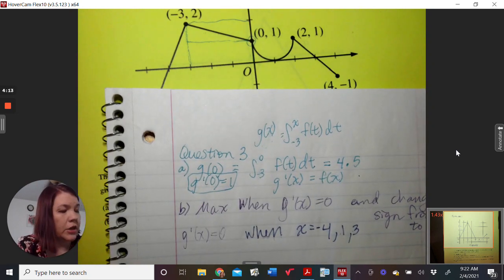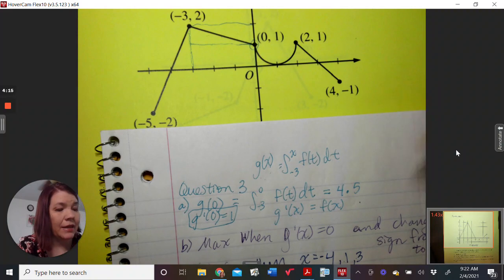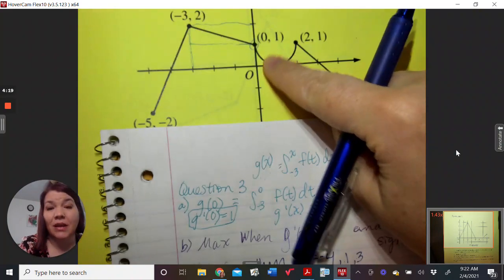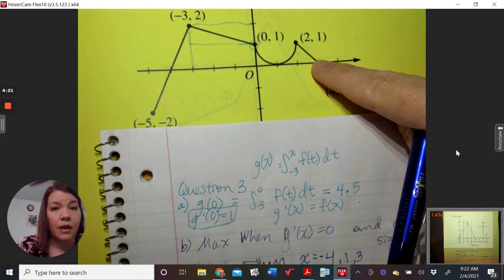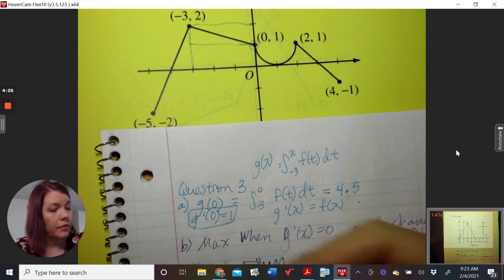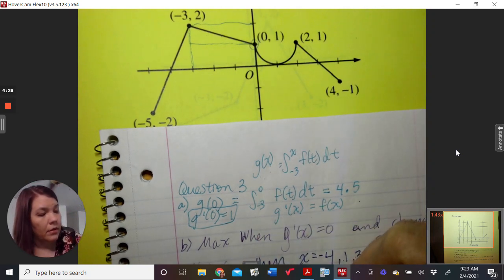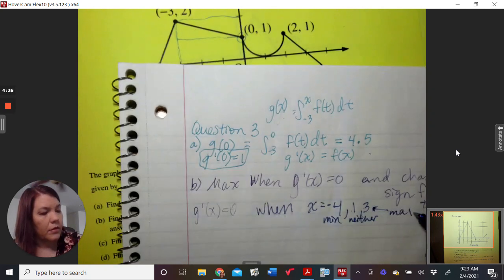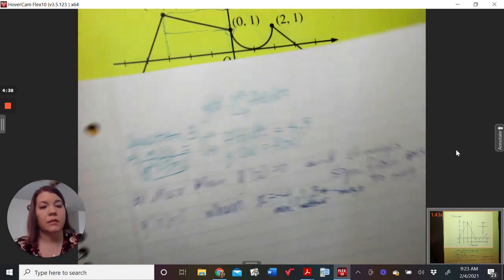It changes sign from positive to negative. So this one's a min. This one does not change sign, so it's neither. And the max is at 3. So we have a minimum, neither, and a max.